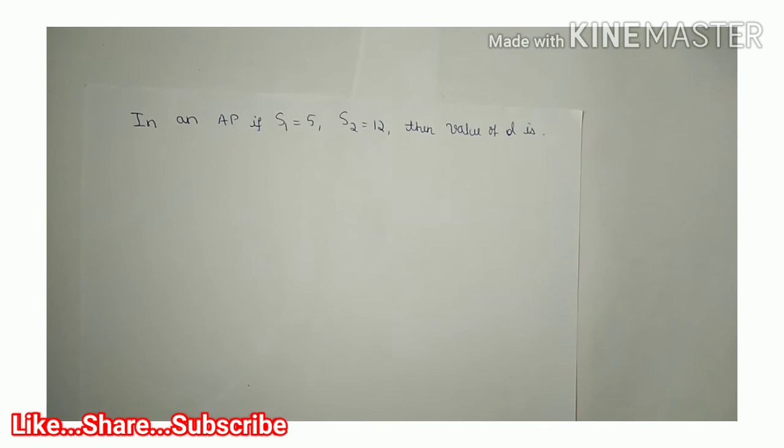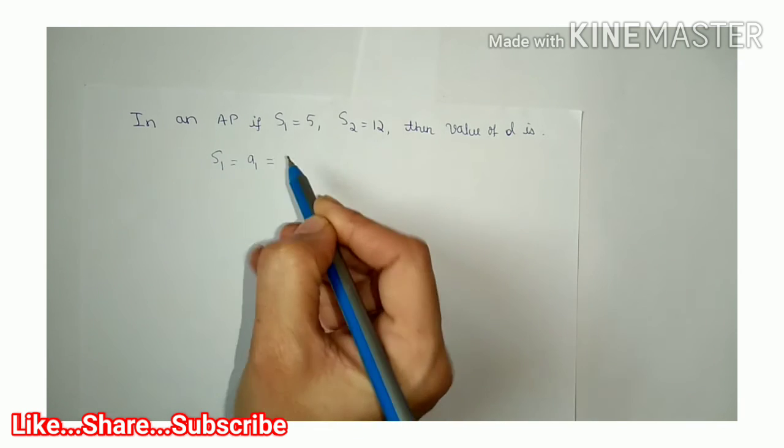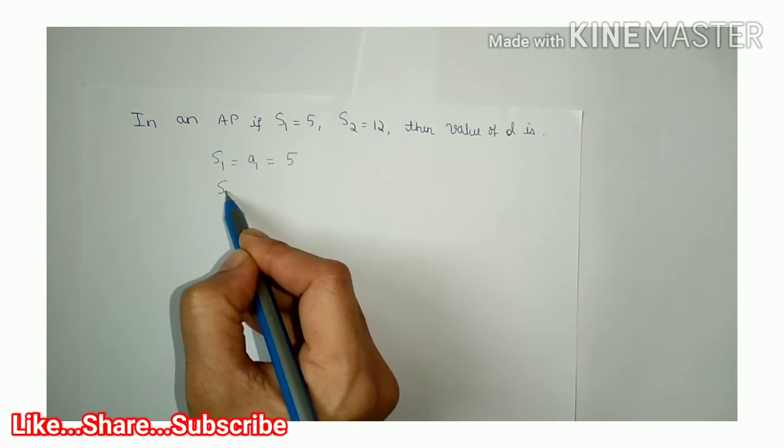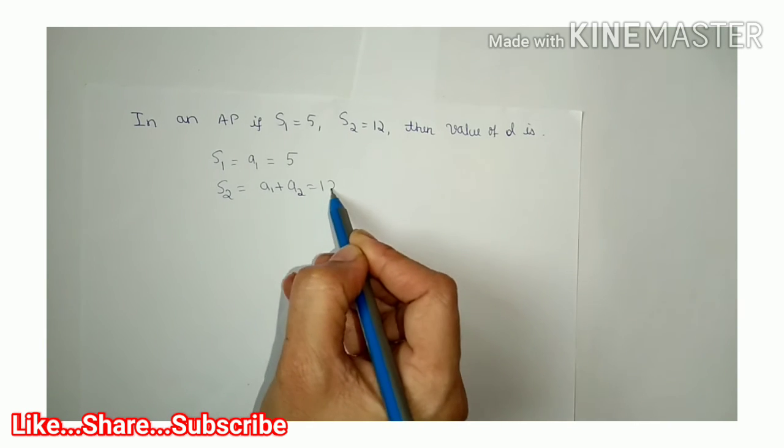Next type of example, in an AP, if S1 is equal to 5 and S2 is equal to 12, then the value of d, the common difference, is. Here given S1 is equal to a1, the first term, is equal to 5, and S2, the sum of the first and second terms, is equal to 12.